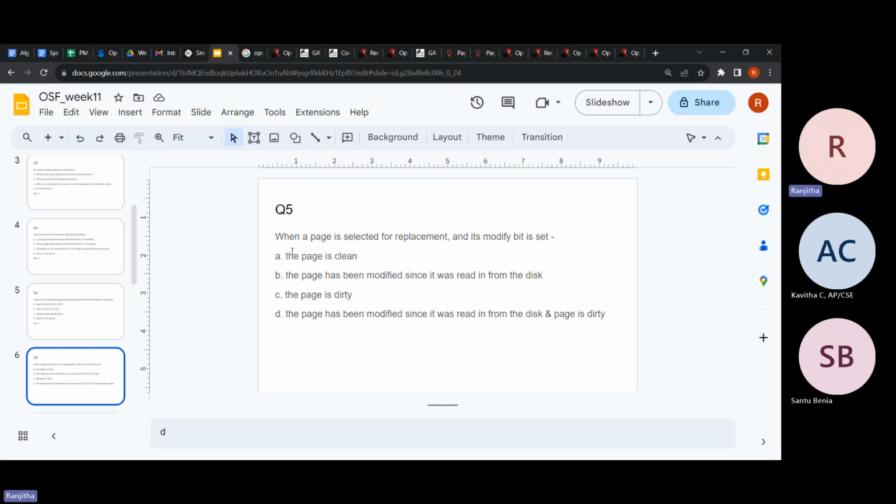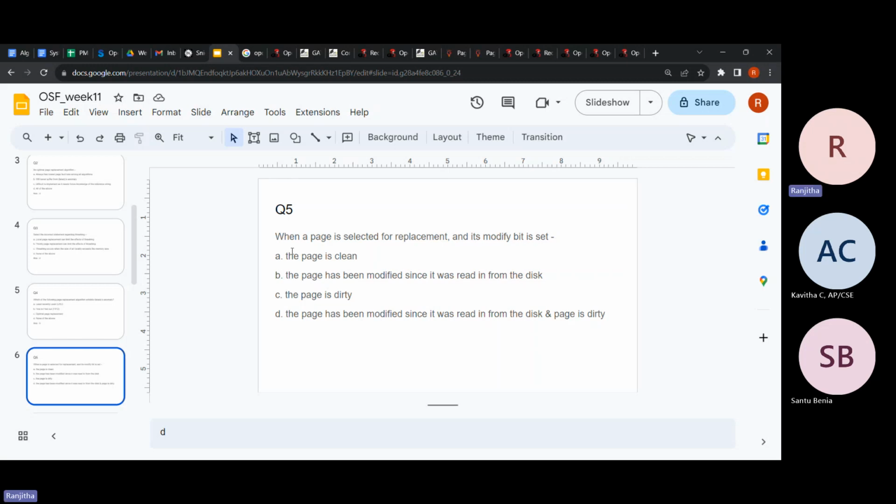The page has been modified since it was read in from the disk. The page is dirty. Yes, another name is dirty. So B and C together. So D gives the answer. So the answer here is D.